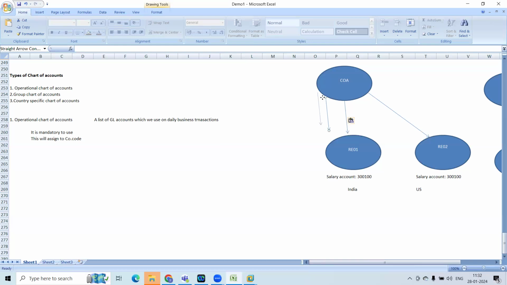Here you may have multiple group chart of accounts. It is mainly required for consolidation purposes.